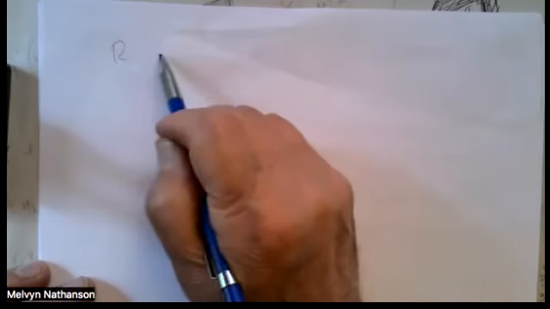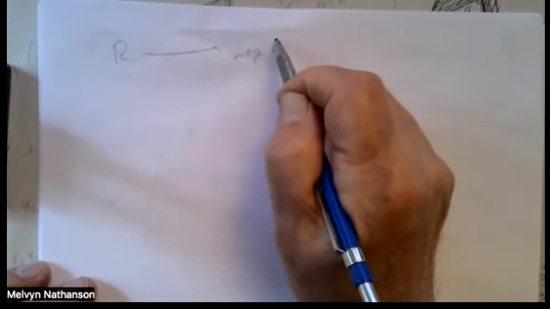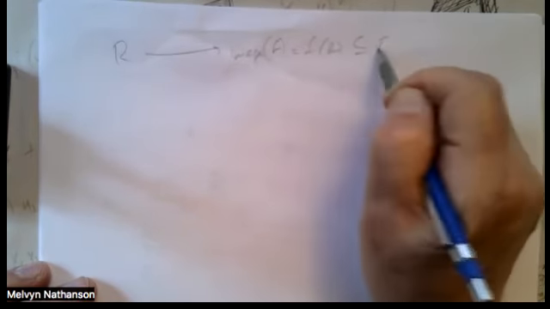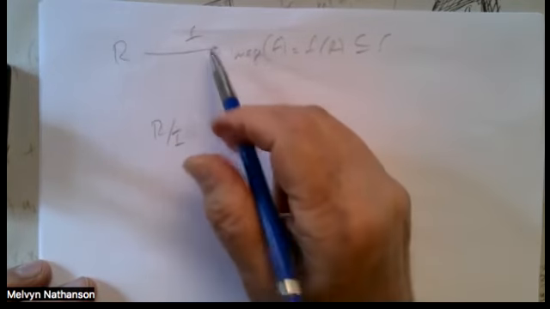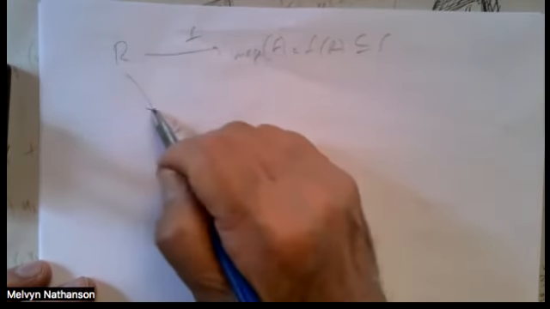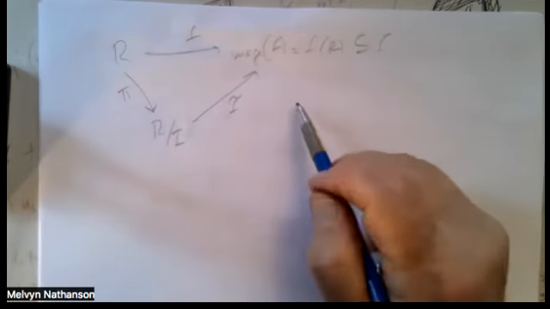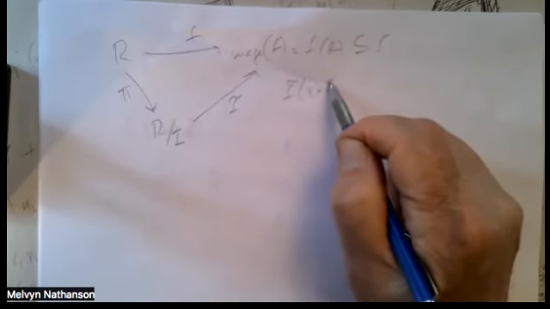So let's draw this picture again. We have R goes to the image of F, which is F of R, contained in S under this function F. I have the kernel I of F, which is an ideal, and this canonical map, and I map F tilde from the quotient ring into F of R, defined by F tilde of x plus I, the coset, is F of x.